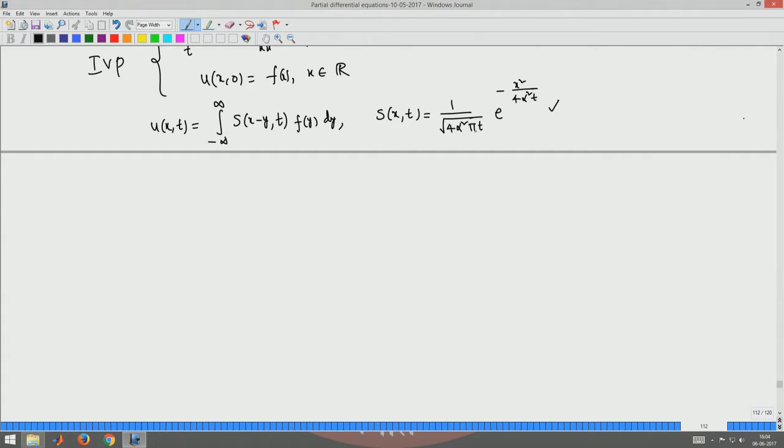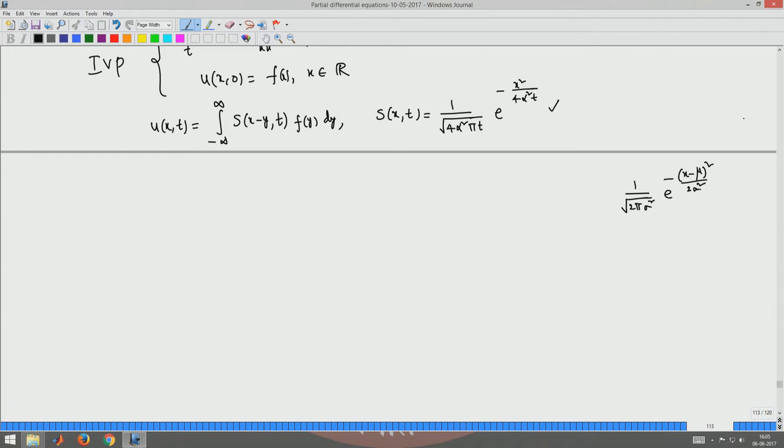If you know probability theory, you have this kind of curve there. You have 1 by square root of 2 pi sigma square, e power minus x minus mu whole square by 2 sigma square.